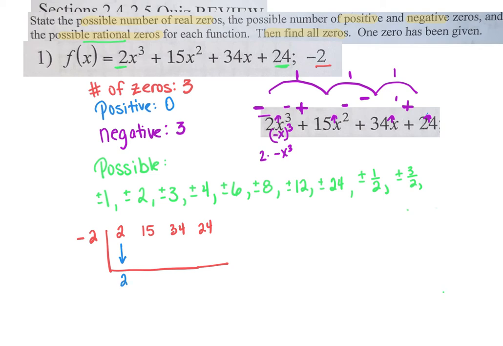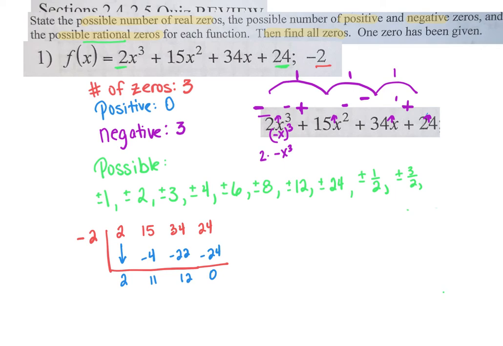And then we just do the process. Add down, multiply up, add down, multiply up, add down, multiply up. When you do this, if you do not get 0 as your remainder, you did something wrong, okay? Because I just told you that this is a 0.